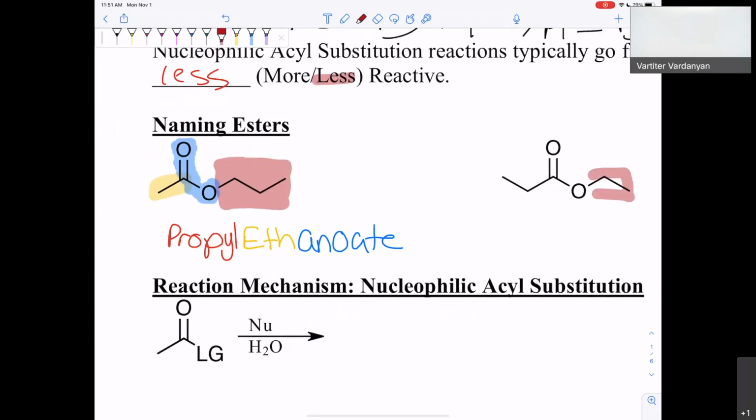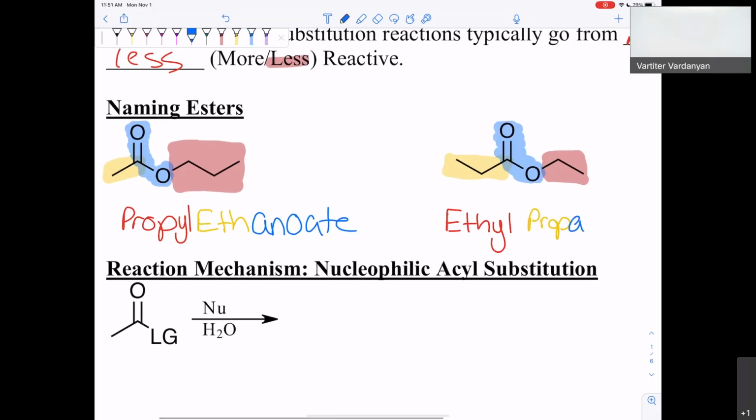Cool. So how many carbons do we have here? 2. So we have ethyl. And then on the carbonyl side, how many carbons do we have? 3. So it's prop. And then the actual ester group, what suffix does it have? Oate. Yay! And yes, these are just flip-flops of each other.